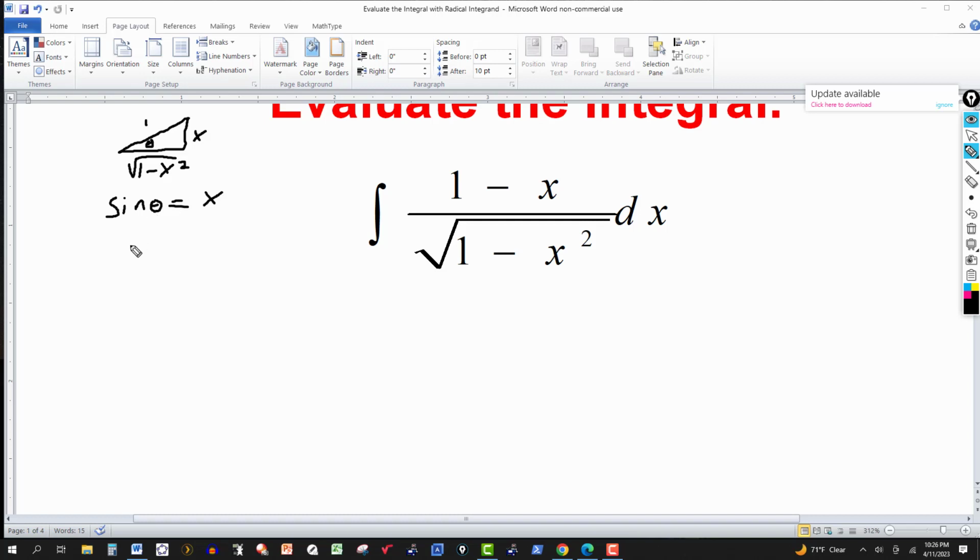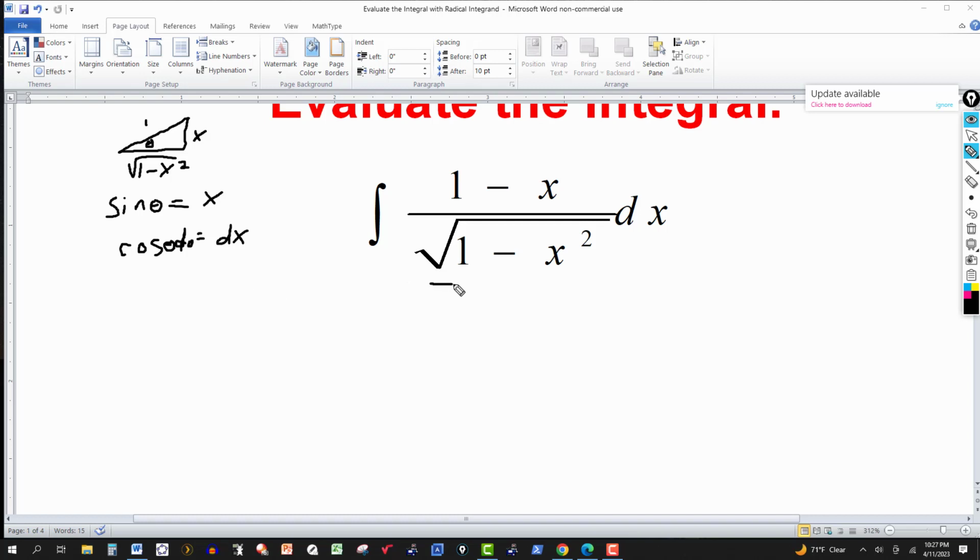So taking the derivative here, we would have cosine theta equal to dx here. And this would be d theta here. So what we're going to do is transform this integral here into one involving the angle theta.